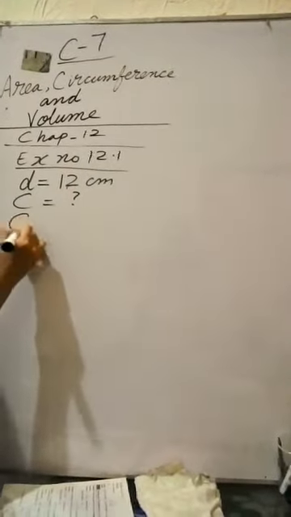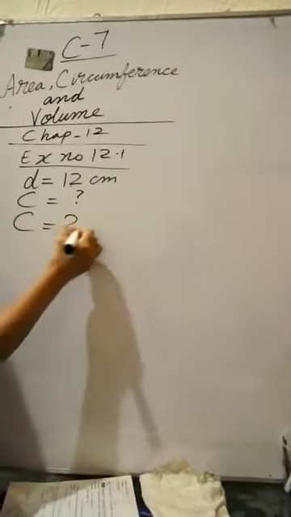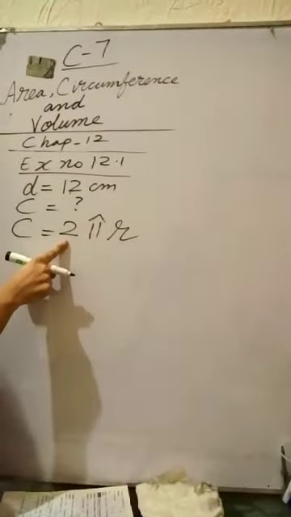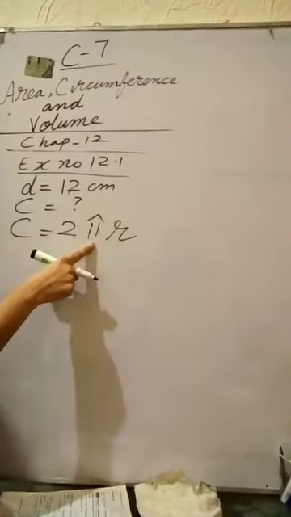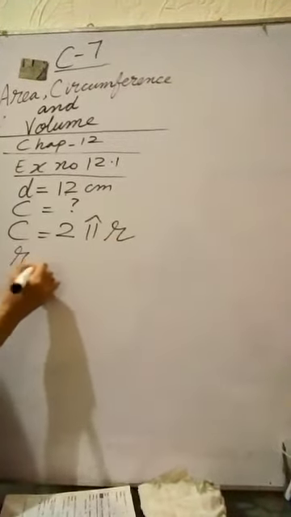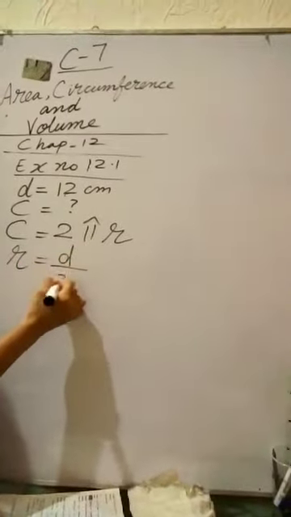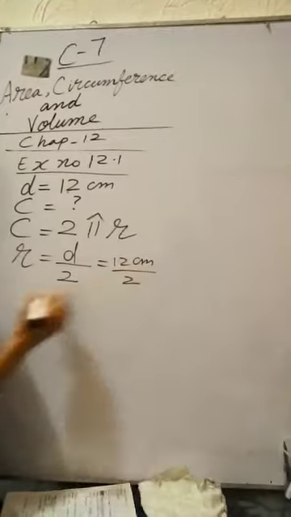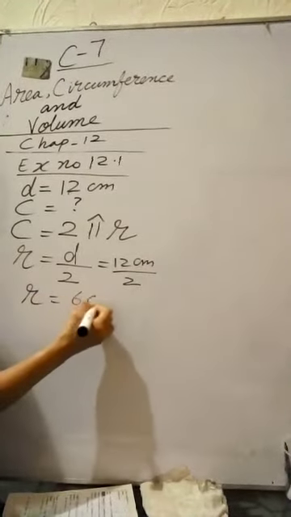Write the formula first. Circumference is 2 pi r. The pi value is 22/7, but we need r. How to find r? Put the formula: radius is diameter divided by 2. So the radius will be 6 centimeter.